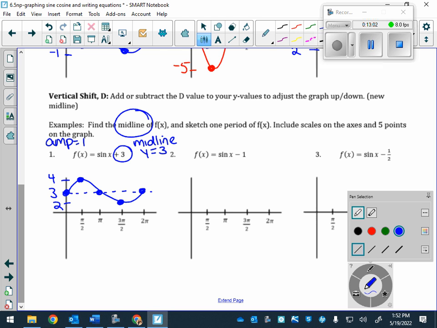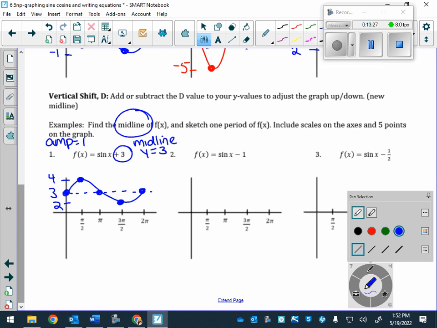And here's your graph. The parent function is always going to be your midline, your max, your midline, your min, your midline. The same pattern. So for number 2, same thing for cosine.